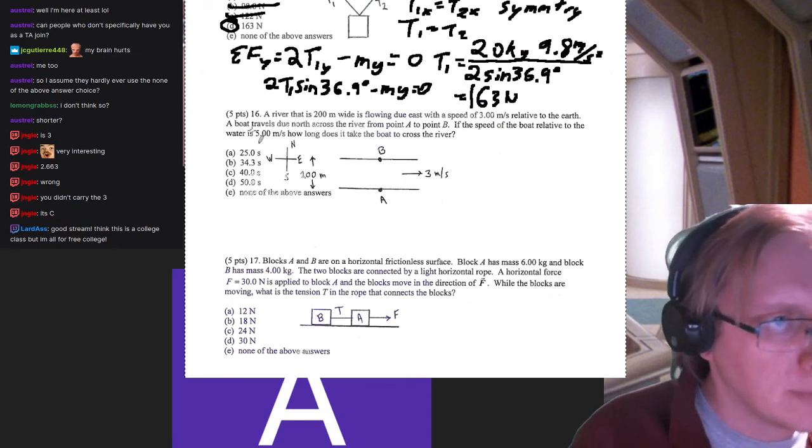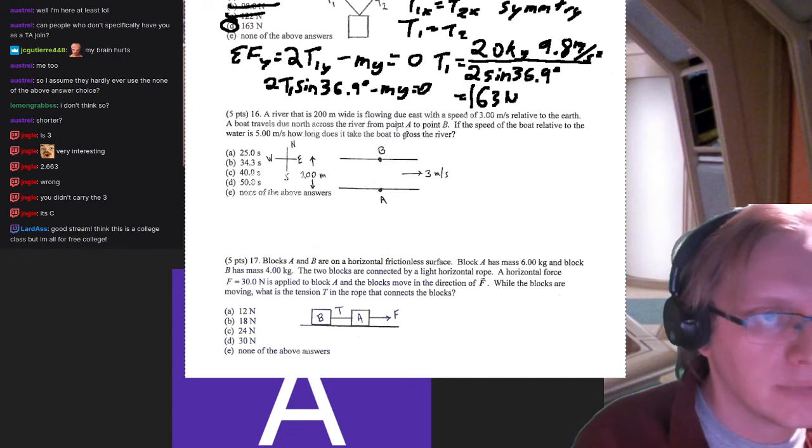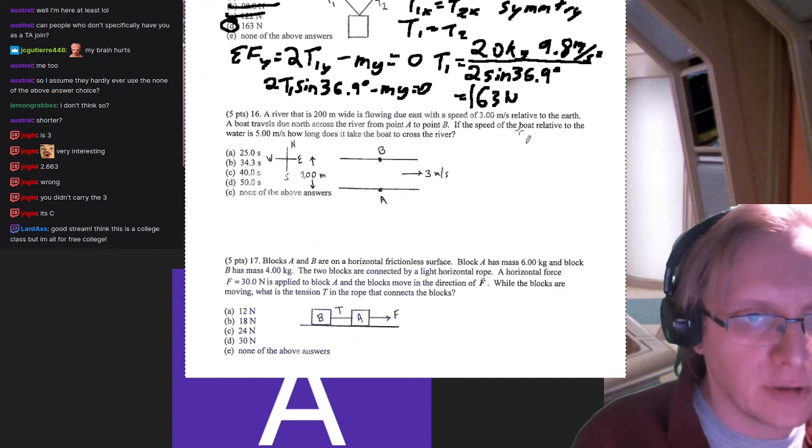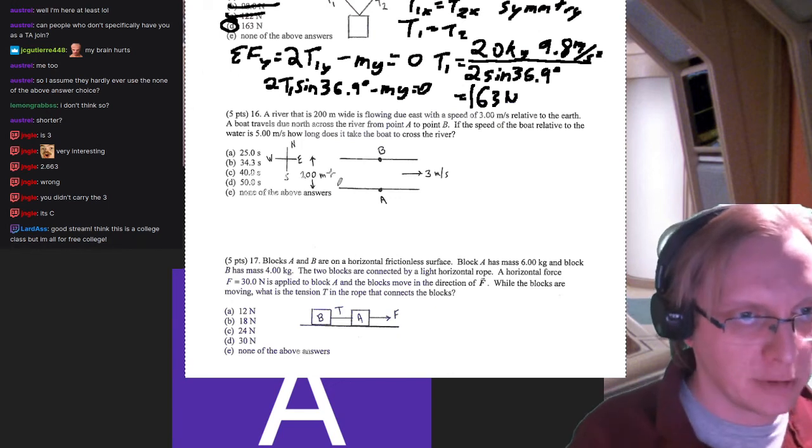A boat travels across it straight north from point A to B. If the speed of the boat relative to the river is 5 meters per second, how long does it take for the boat to cross the river?